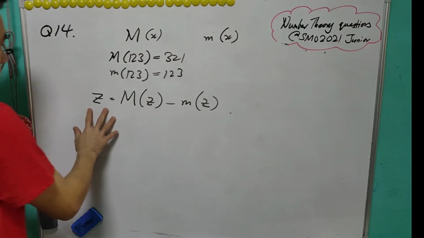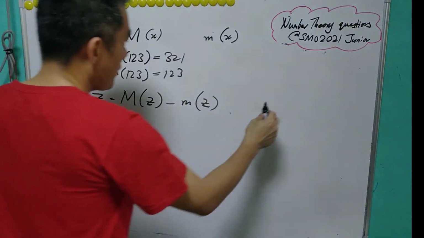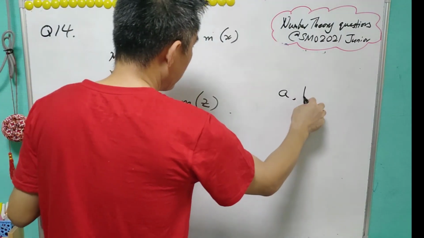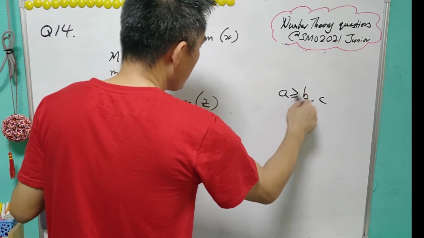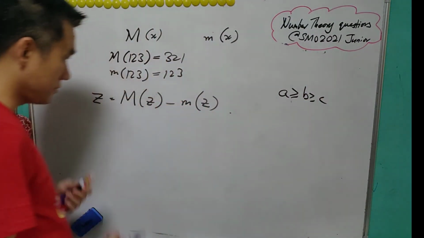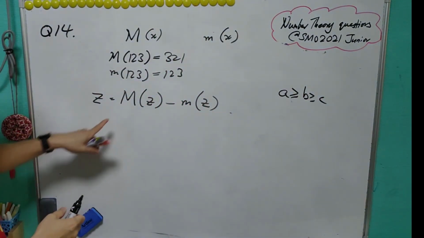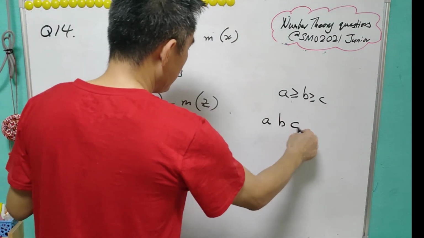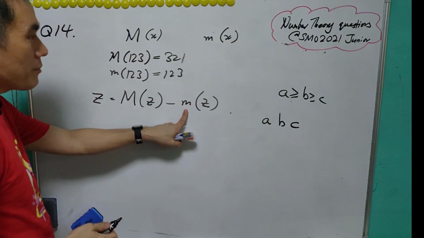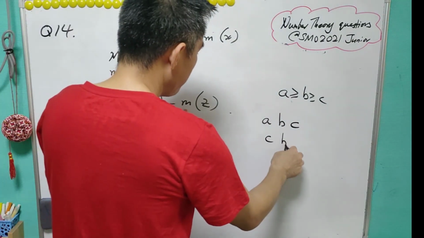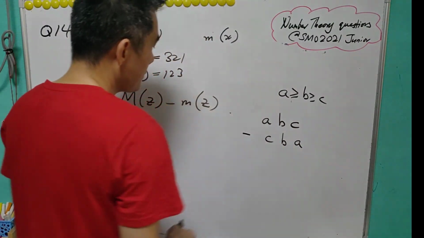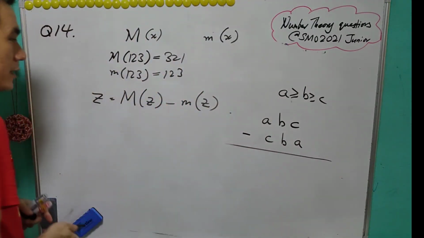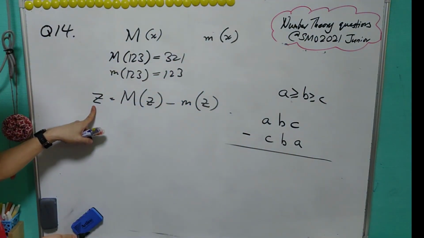So let's say z consists of the letters A, B, and C, where A is the largest and C is the smallest. Okay, so big m of z will be equal to A, B, C, and small m of z will be equal to C, B, A. And the difference of this will be another 3-digit number, z.